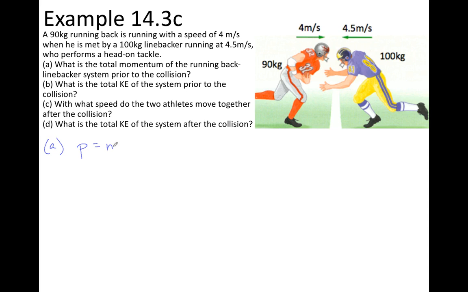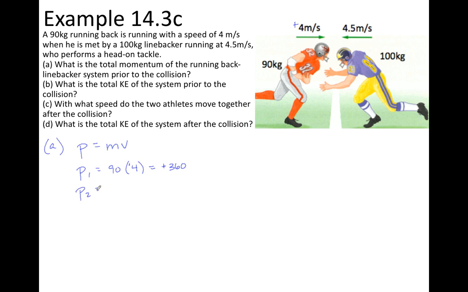So momentum is mass times velocity. I'll make the running back object 1, and he has a mass of 90 kilograms and is moving with a velocity of 4. I will make the right my positive direction. So he will have a momentum of positive 360 kilogram meters per second.